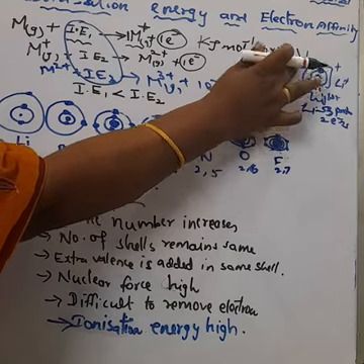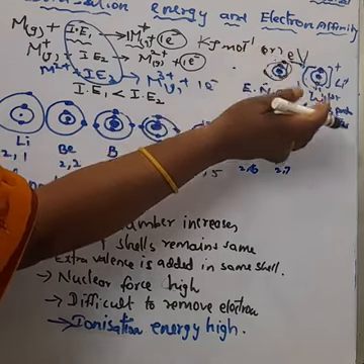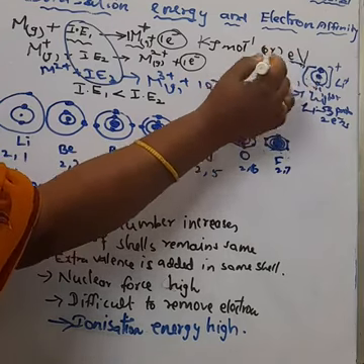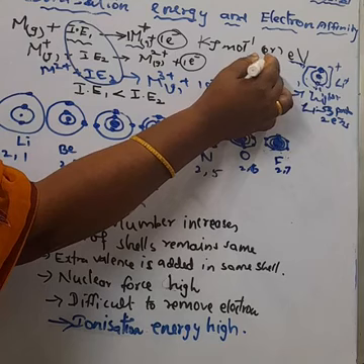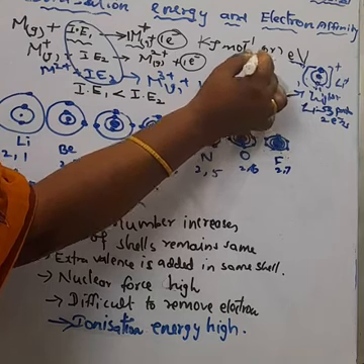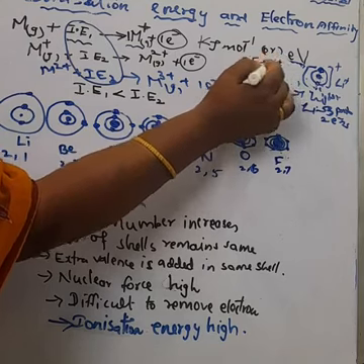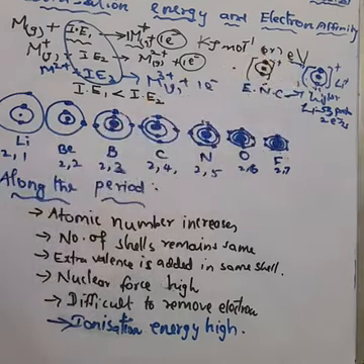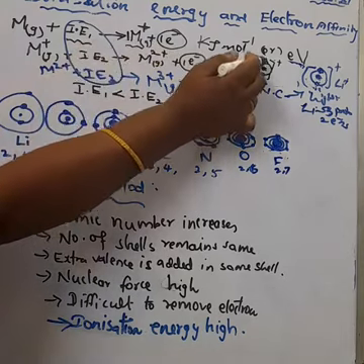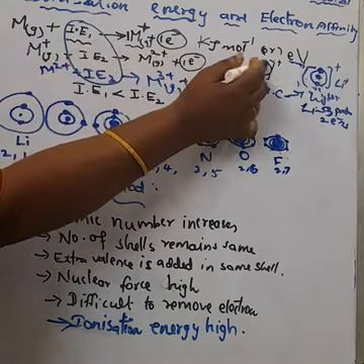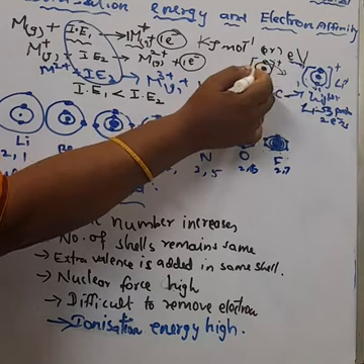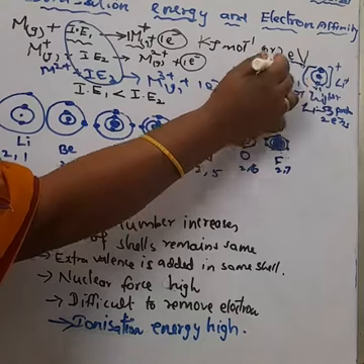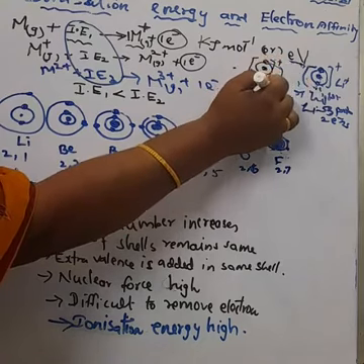After that, when we remove an electron from the first orbit, we should give higher energy than the first ionization energy, because the nucleus tightly attracts these two electrons. So the first ionization energy is smaller than the second ionization energy.